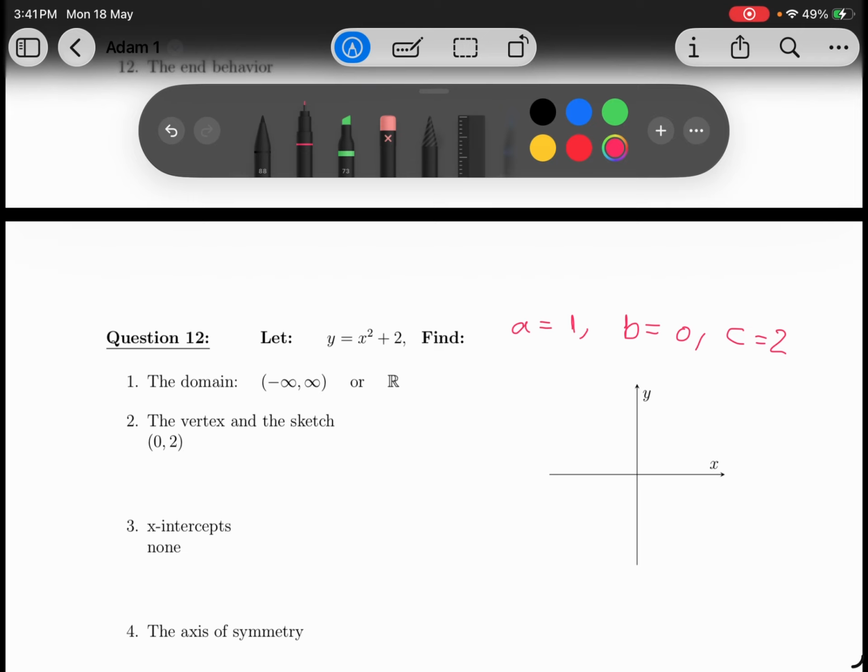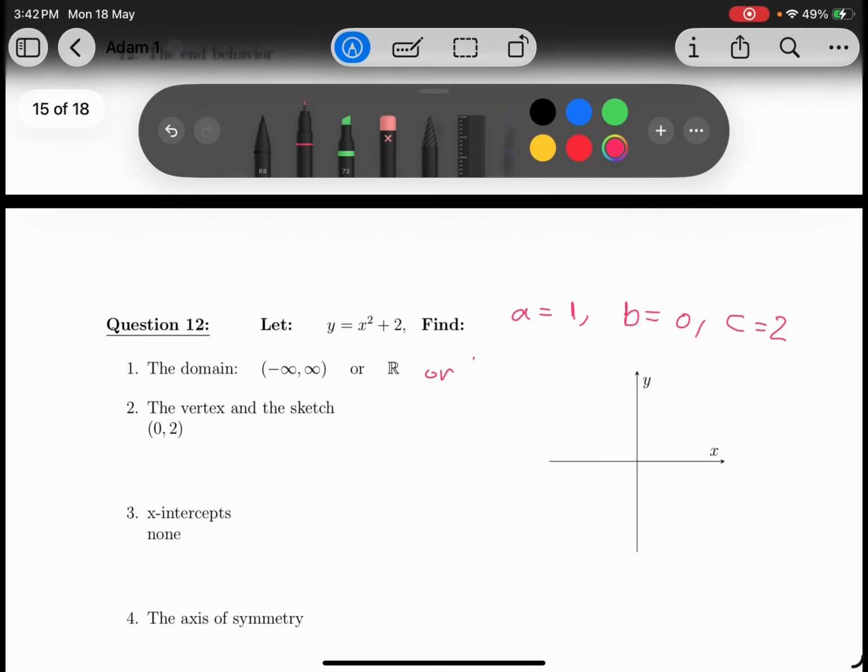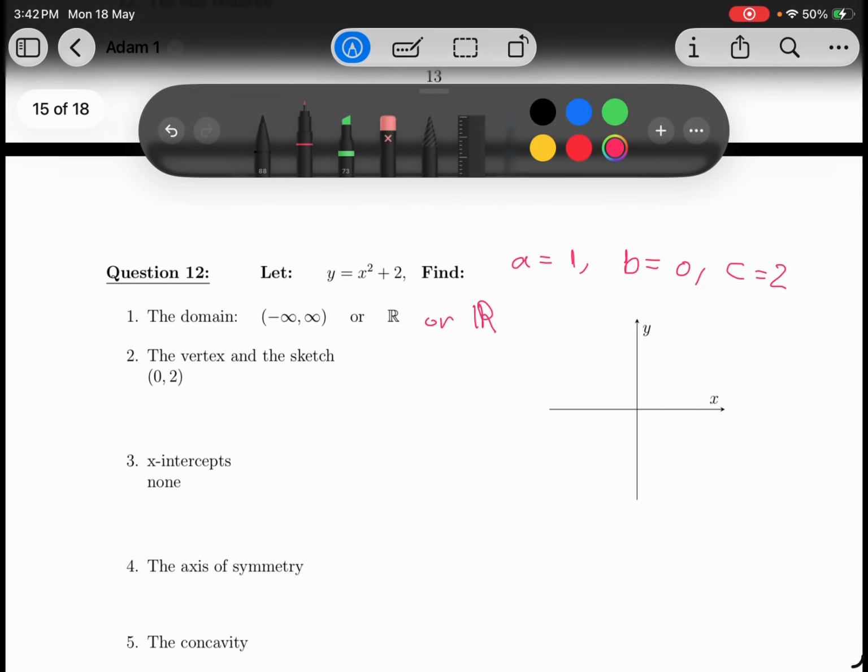Okay, and the domain as usual is from minus infinity to infinity, or all of R, the set of all real numbers. And here guys the vertex is minus b over 2a, and f of minus b over 2a, which is indeed 0, and f of 0 is obviously 2, so 0 and 2. Okay, so this is the vertex, 0 and 2.